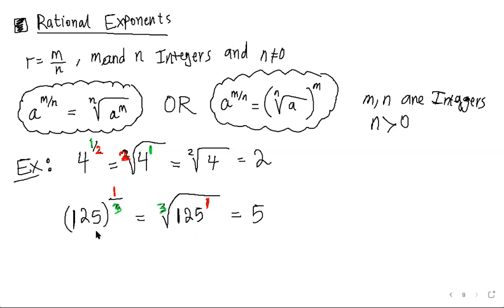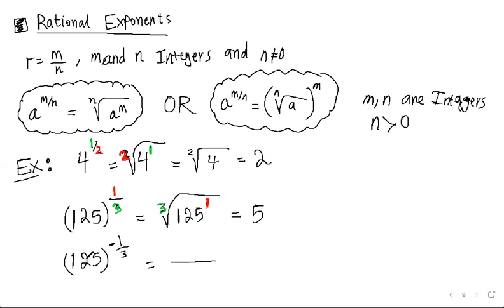Another one, if the question is 125 raised to the power minus 1/3, what's the answer? Similar to this exactly, but the minus means we flip.